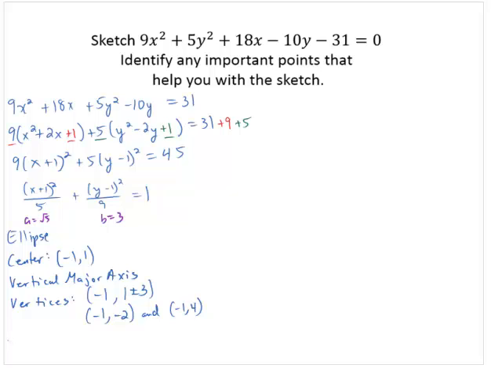To find the endpoints of the minor axis, I would be moving horizontally from the center. So -1 plus or minus the a value, -1 plus or minus the square root of 5, comma 1.